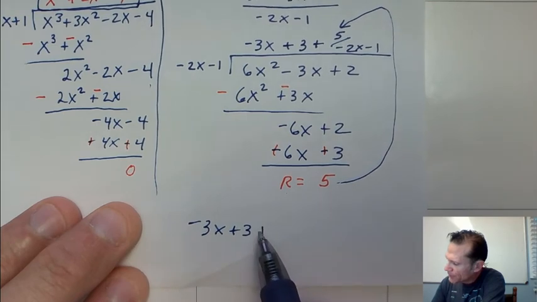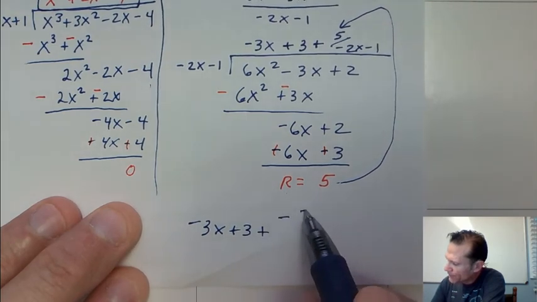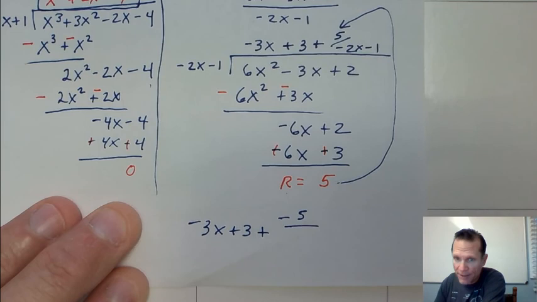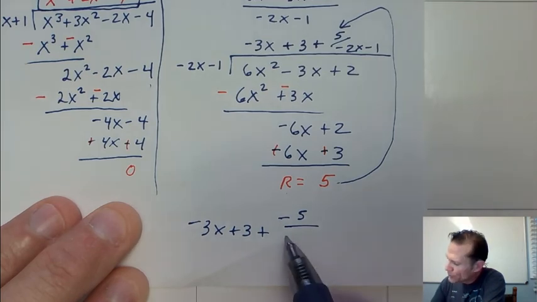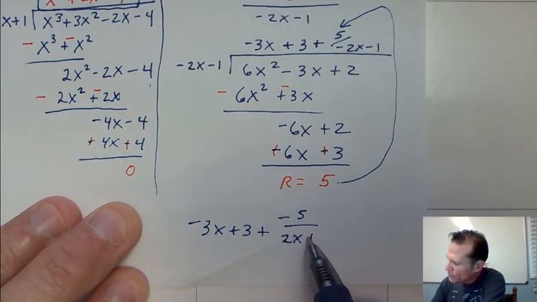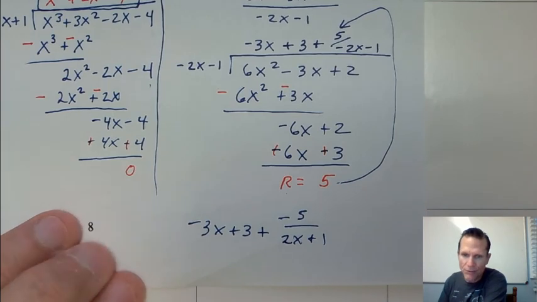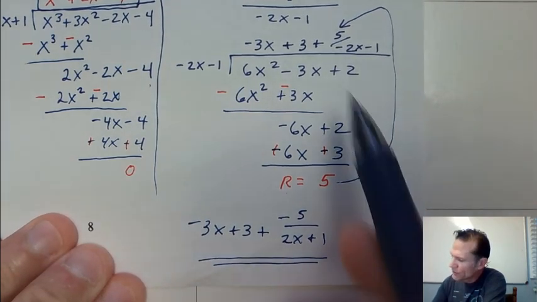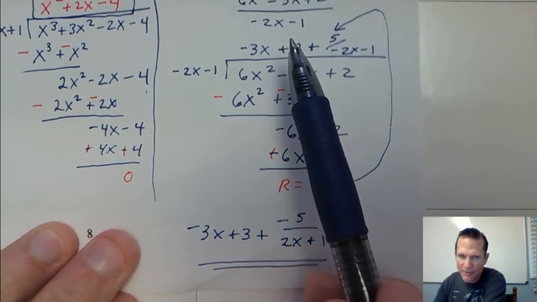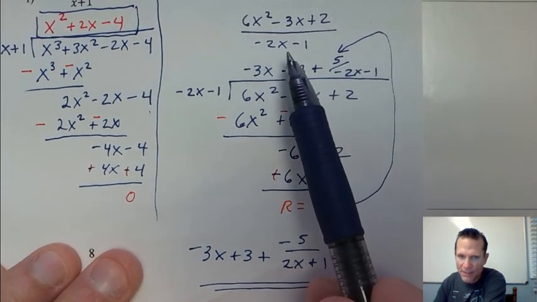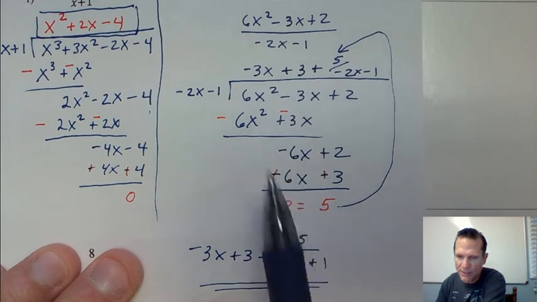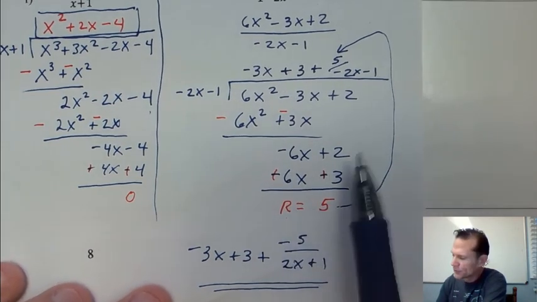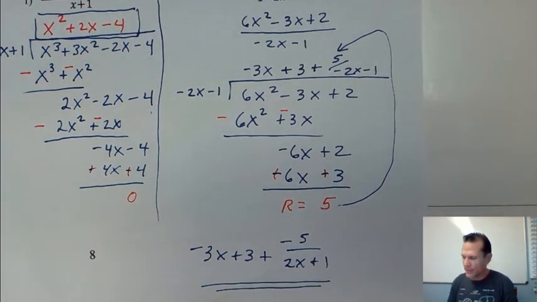And then we could put the plus sign for our remainder, and we'd have a negative 5 over 2x plus 1. Okay, it's just a different form you might see the answer in. Okay, so there's different ways to do this one. Someone might have factored the negative out of the beginning here and moved it to the numerator. This one's a little more complicated because of the negative sign.